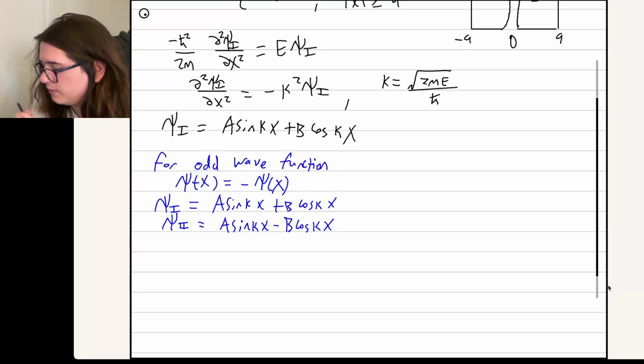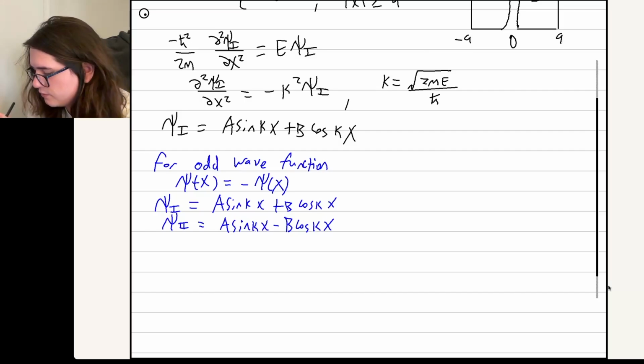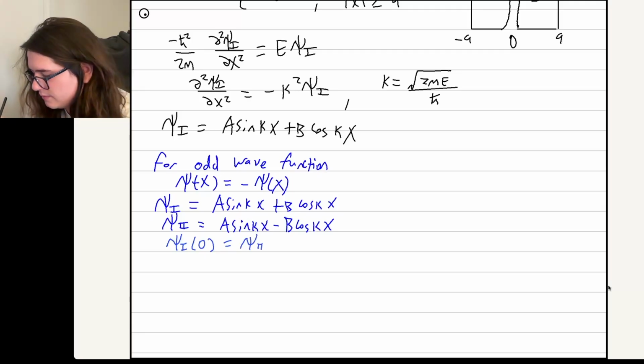We can look at boundary conditions to figure out what b is in terms of a. We'll try psi of 0, since the wave functions have to be continuous at the boundary.